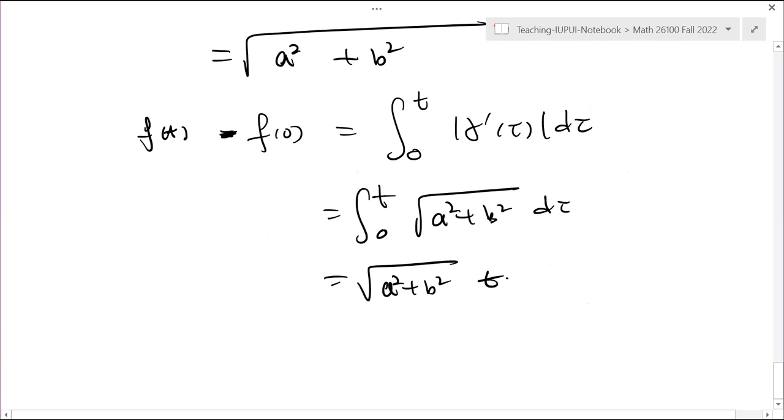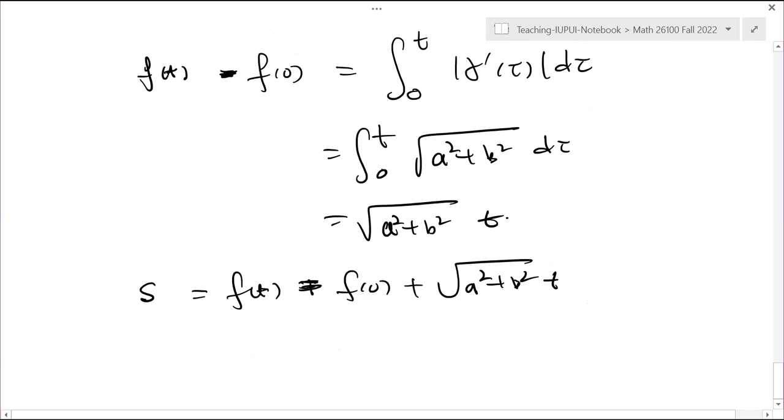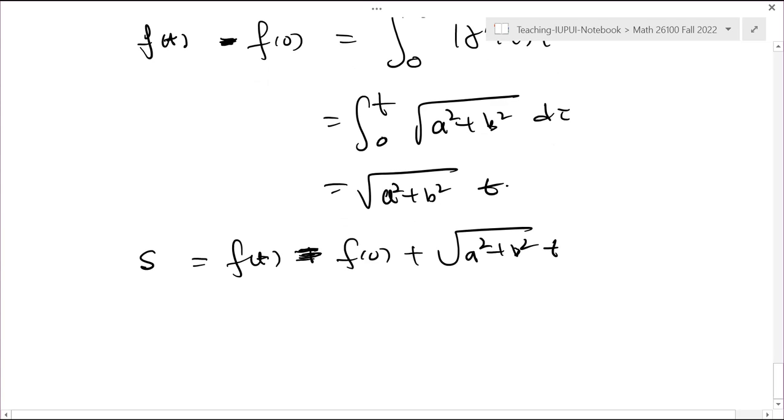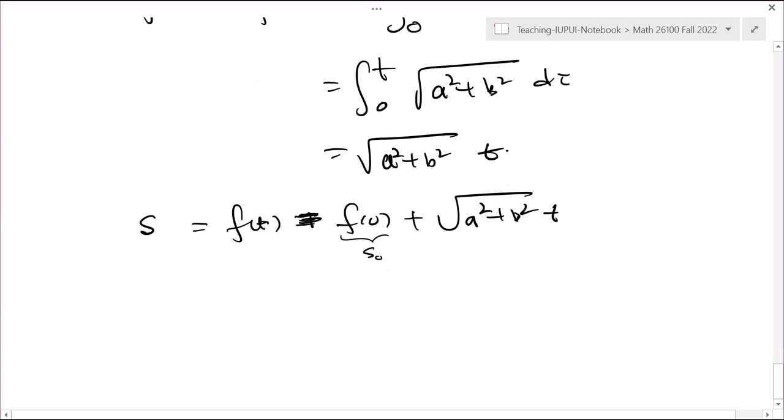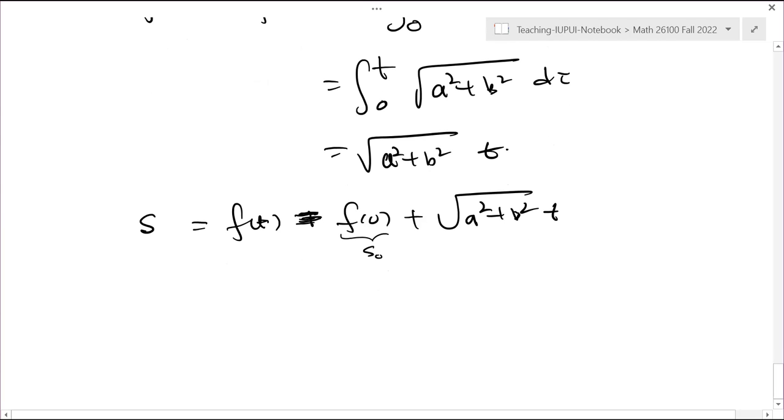All right, so my s is f of t, and this is going to be f of 0, some constant. The initial value doesn't matter, okay? You can call it s naught. So we have a new parameter. From this new parameter, I can also find the s. So it's going to be s minus s naught. Okay, that's a relationship.